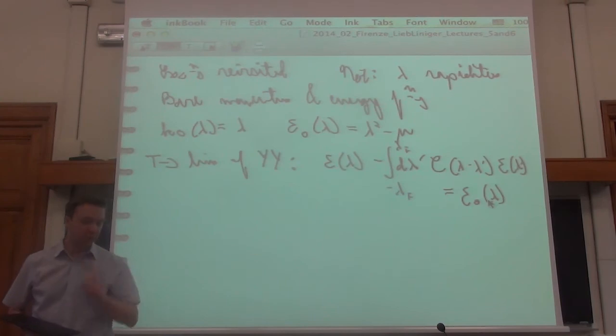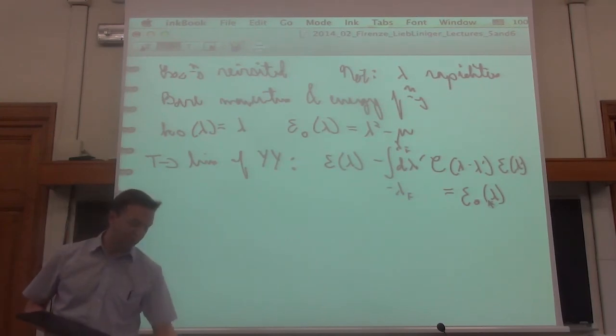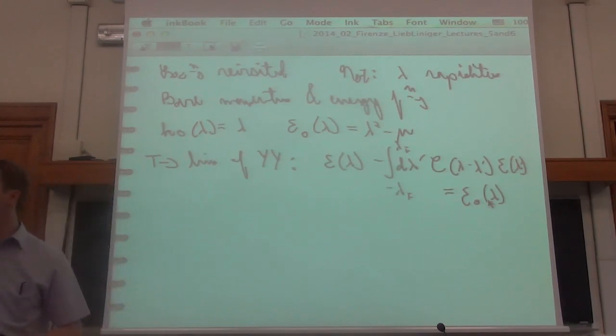Okay, so this is the integral equation that we need to solve in order to characterize the ground state. It is equivalent to the Lieb equation, if you want. It's just a rewriting of it.